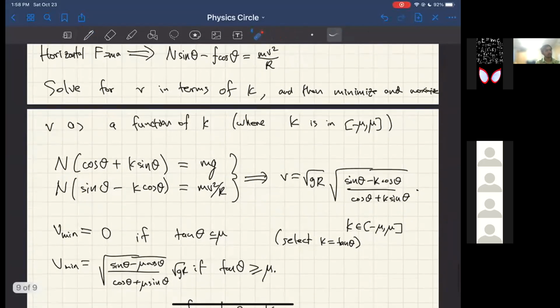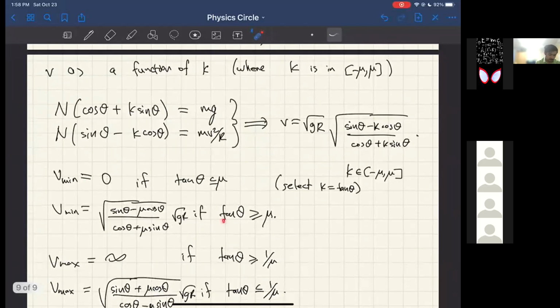It's a well-known result. But if tan theta is greater than or equal to mu, then I can't select k equals tan theta anymore. And then the way to make the v as small as possible is to make k equals mu, because then the numerator is as small as possible and the denominator is as big as possible. The point is, if tan theta is less than or equal to mu, it is a scenario in which v equals 0 is valid, and this thing won't slide.